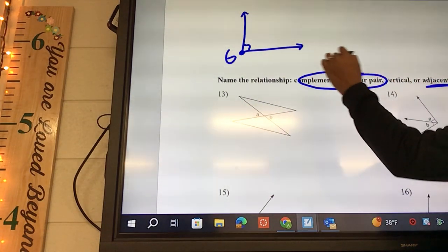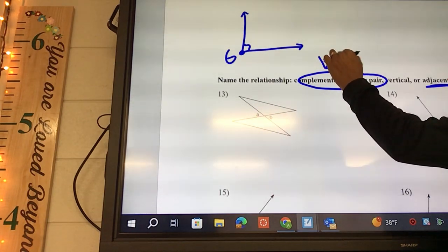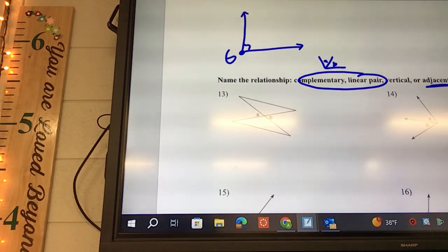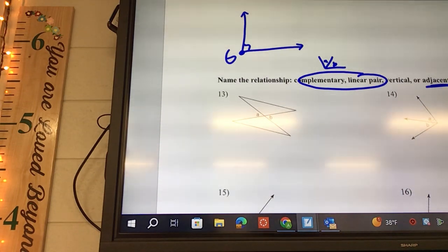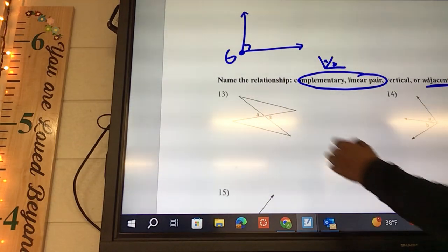Because when we do complementary or linear pair, these are always going to be adjacent. But you can also tell if they add up to 90 or 180. So if you pick adjacent, you also need to look and see. On complementary or a linear pair, it's also going to be adjacent. So if we look at 13, what is that? That is vertical. A and B are right across from each other.